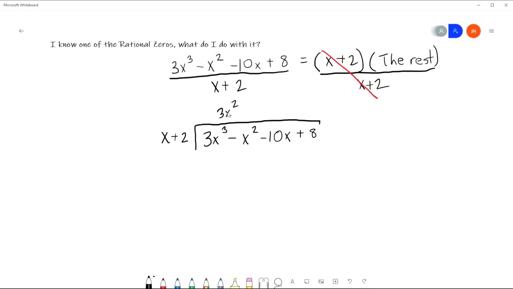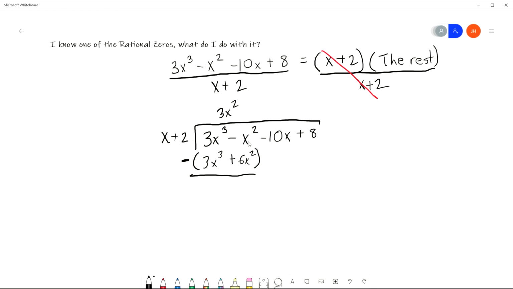And then what I do is this. I multiply 3x squared into my x plus 2, and I get 3x squared times x is 3x cubed. 3x squared times 2 is 6x squared. And what I'm going to do is subtract this from my numerator.